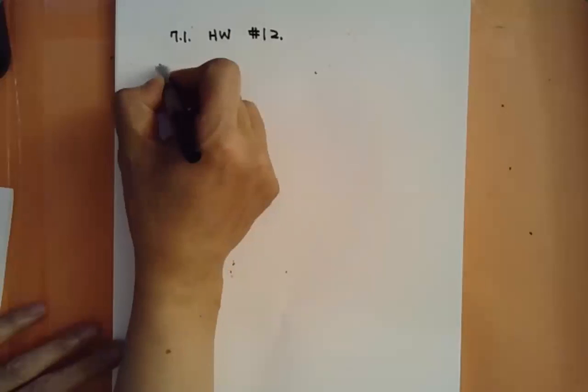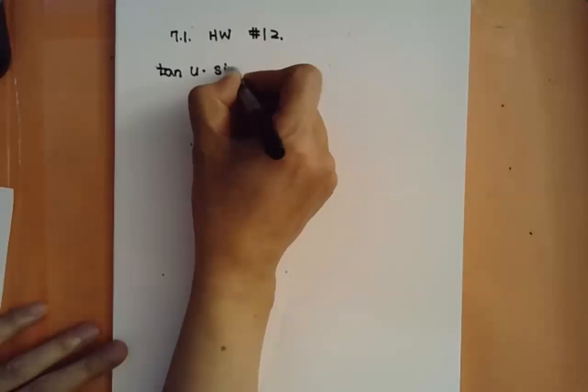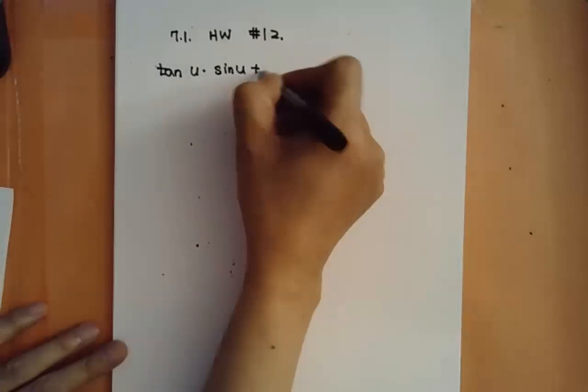We have to simplify tangent of u times sine of u plus cosine of u.